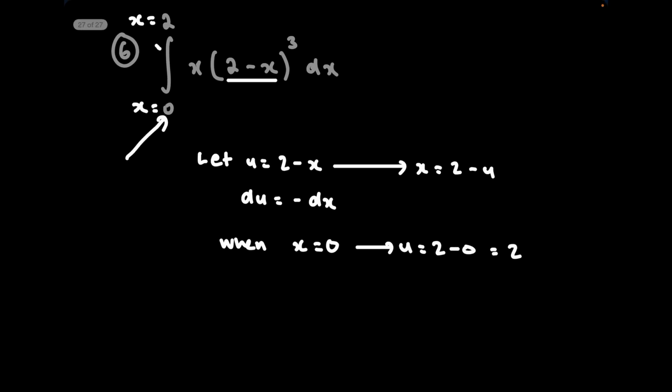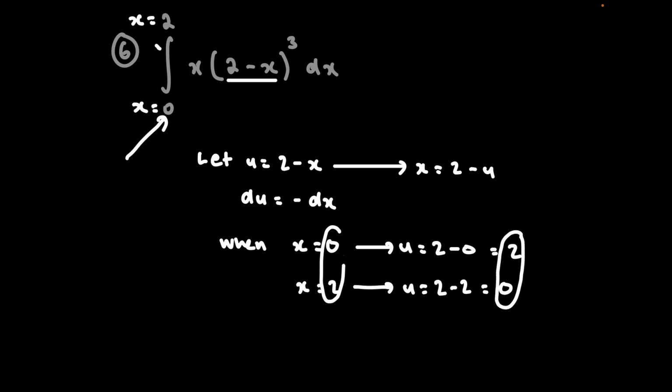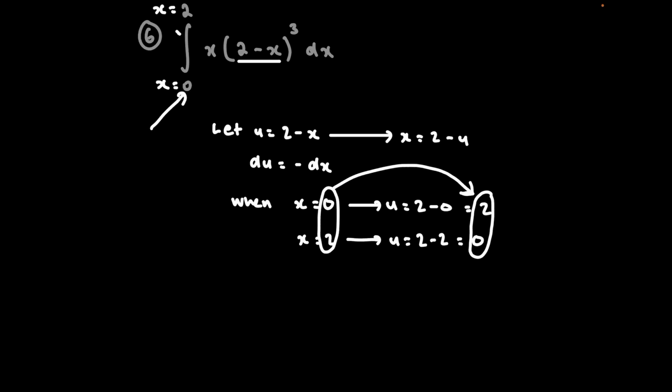And when x is equal to 2, we can say that u equals 2 minus 2, and that equals 0. So that's what our new bounds are. Rather than integrating from 0 to 2, we're going to integrate from 2 to 0. So here we have it.